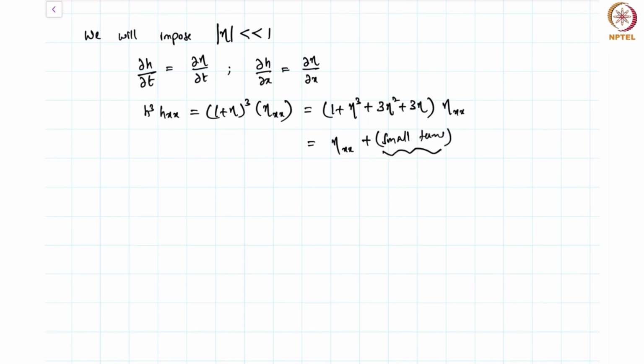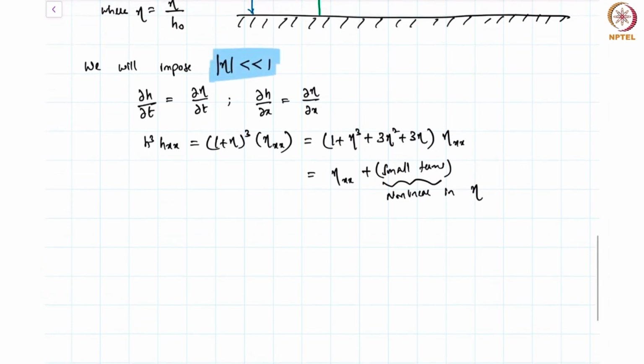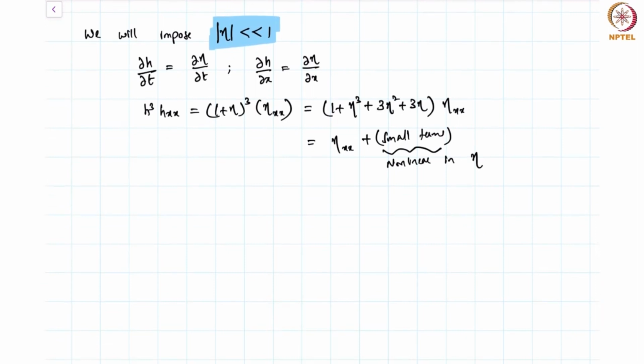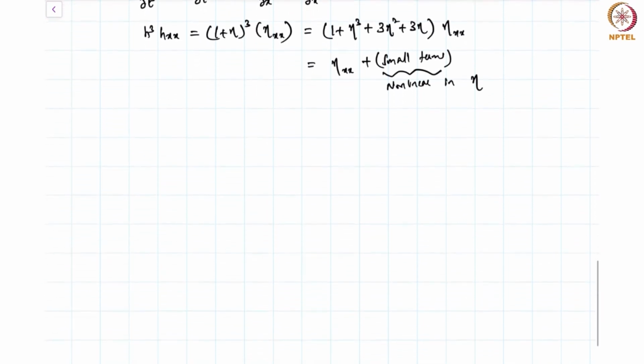Why are they small? They're small because these are non-linear in eta. All terms non-linear in eta are small because of the condition that the magnitude of eta is small. That's the perturbation: the deviation of the interface from the undisturbed state is very small. Therefore, we'll only retain the linear terms. So just for completeness, I'll write down the evolution equation.